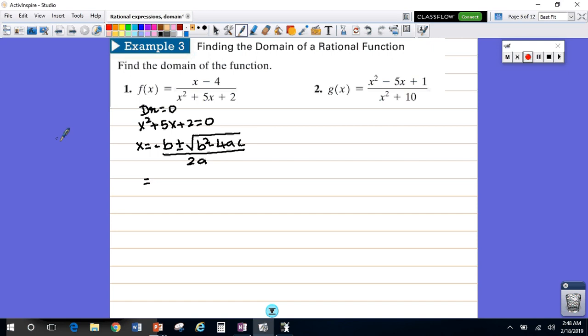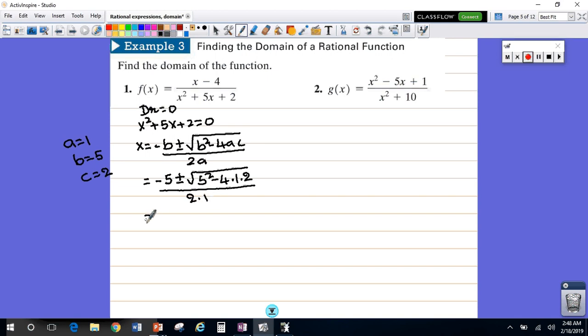Now a equals how much here? 1, b equals 5 and c equals 2. So substitute these values in this formula. That is negative 5 plus or minus square root of 5 square minus 4 times 1 times 2, all divided by 2 times 1.